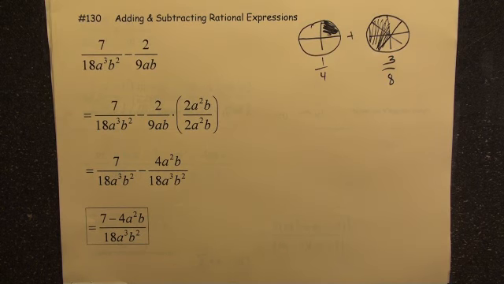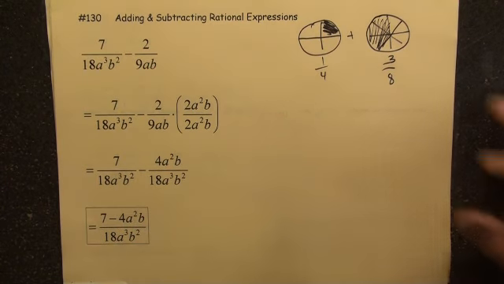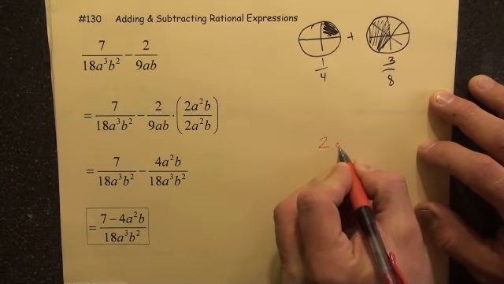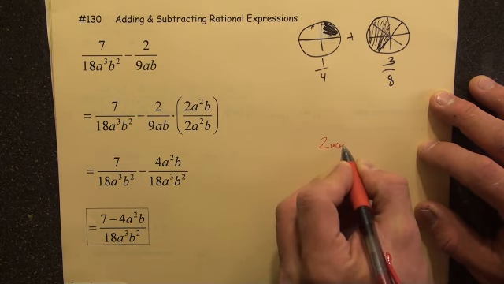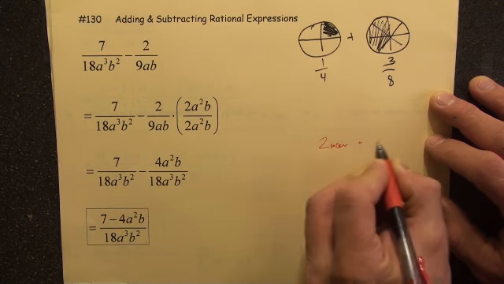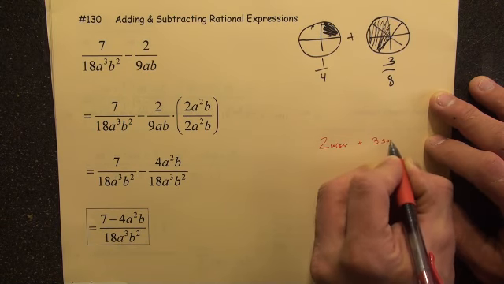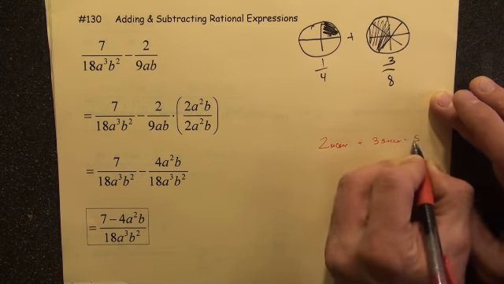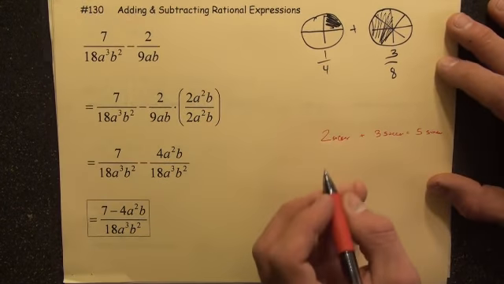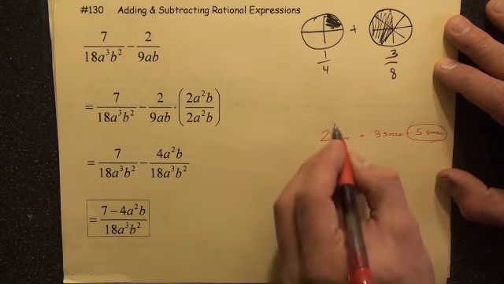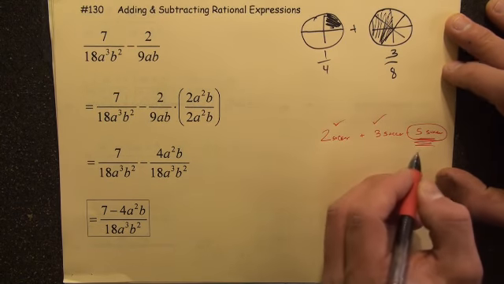Now, if we were to take 2 soccer balls plus 3 soccer balls, we'd get a total of 5 what? Soccer balls. So we can add these two numbers together to get one term.